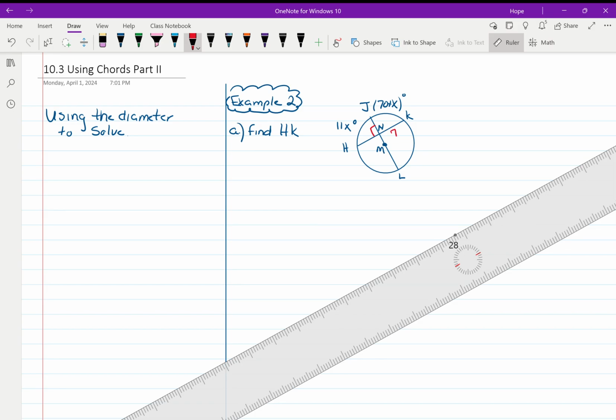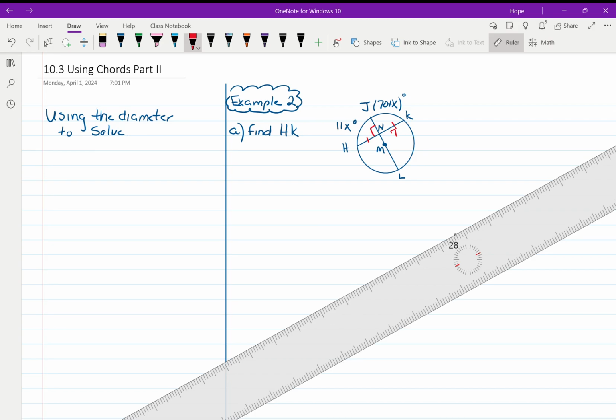So yesterday we talked about the diameter and the chord, and if it hit at a 90-degree angle, that the... I'm sorry, not angles, we're doing circles. We learned that we had this side is equal to this side, okay?